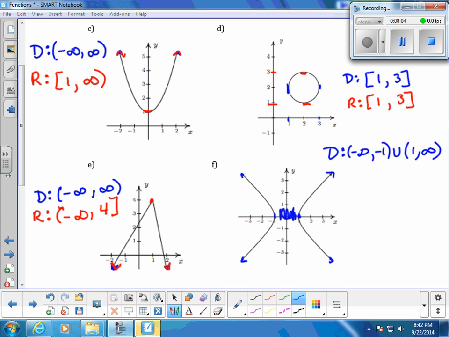So that's the leftmost to the rightmost. And then we have our range, which is the bottommost portion of the graphs here, which is arrows pointing down, and then the topmost points are arrows pointing up, so we have -infinity to +infinity.